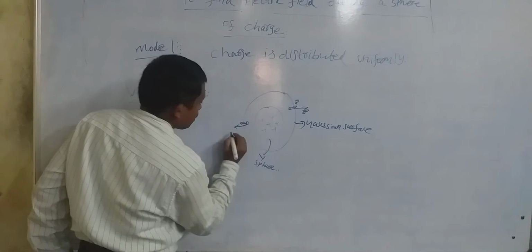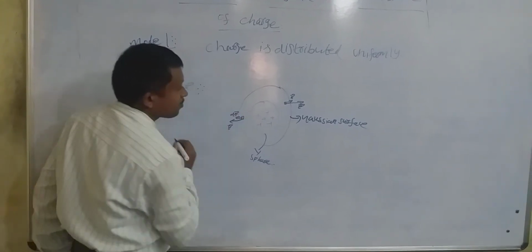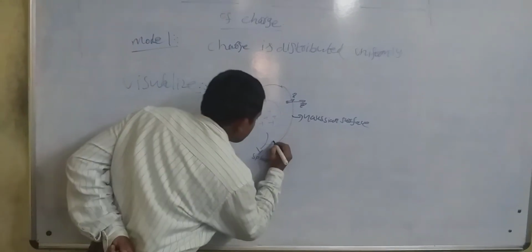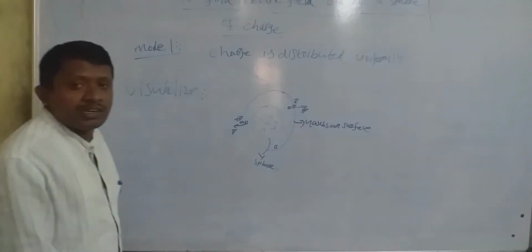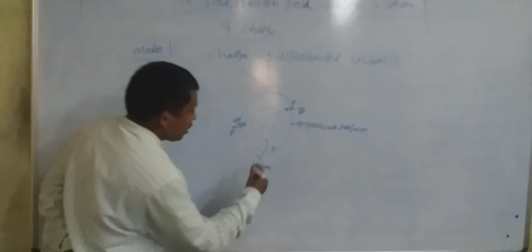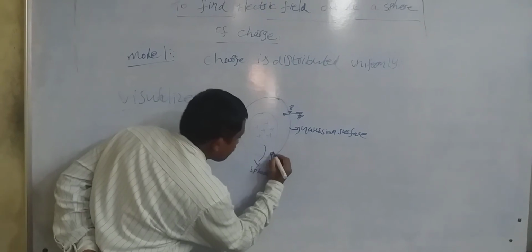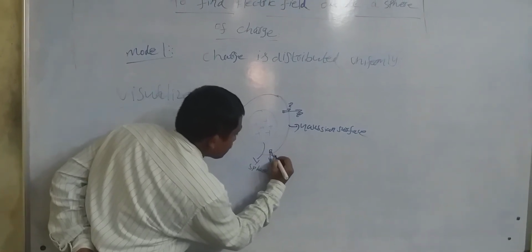This is the electric field vector, and this is the dA area vector. The electric field is coming in the outward direction.